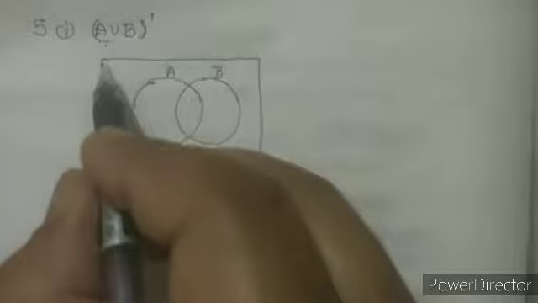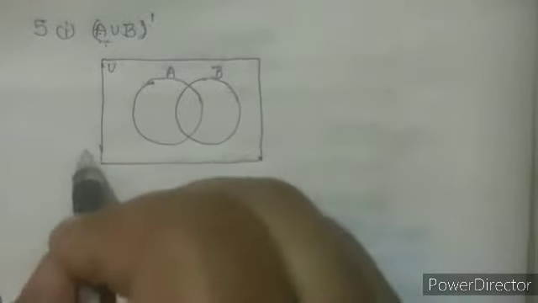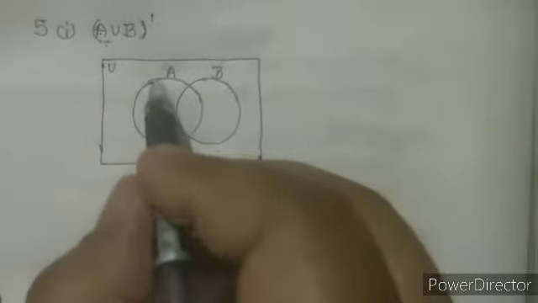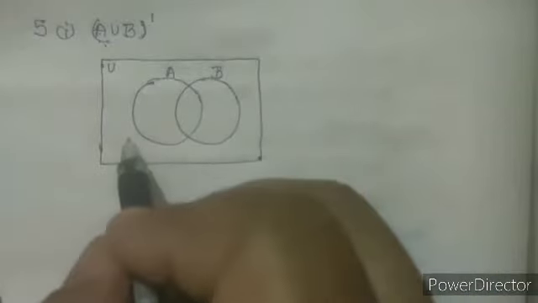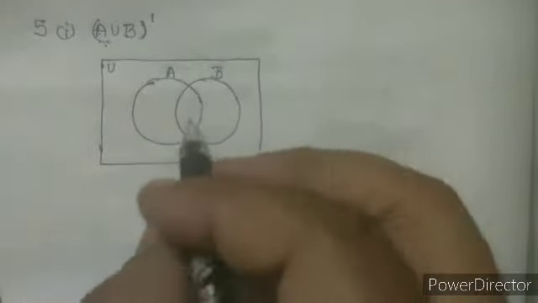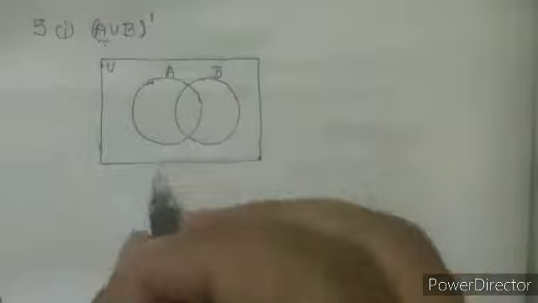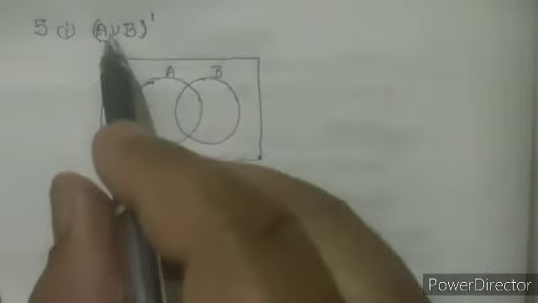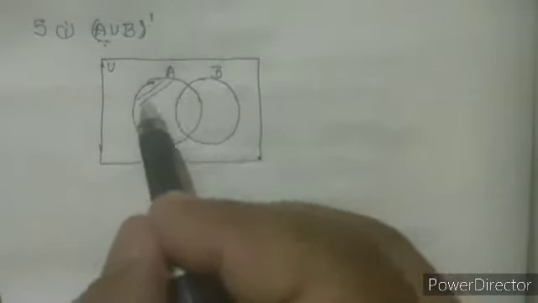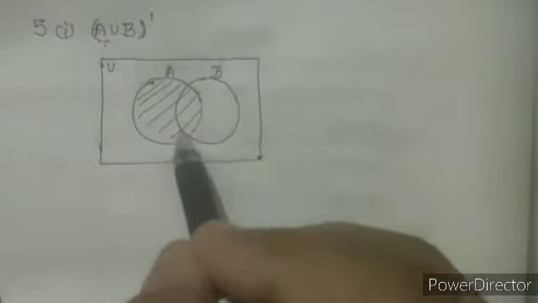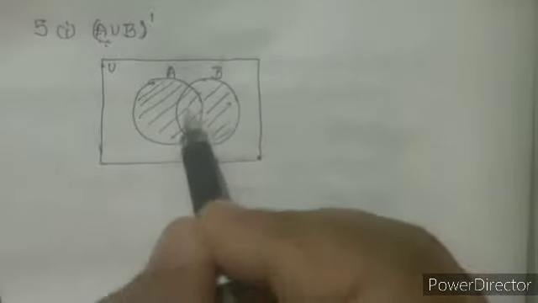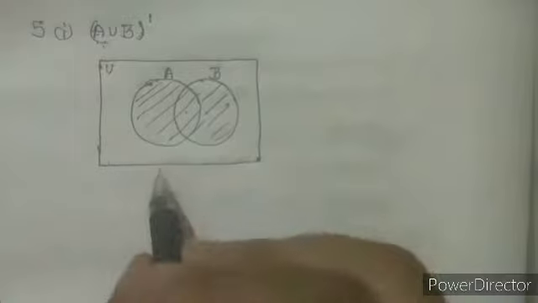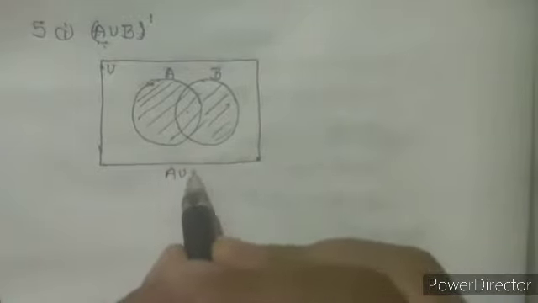Now here, suppose this rectangle denotes the universal set, and set A and set B are represented by circles. First of all, we'll find A union B. A union B will contain all the elements of A and B, including the common element.